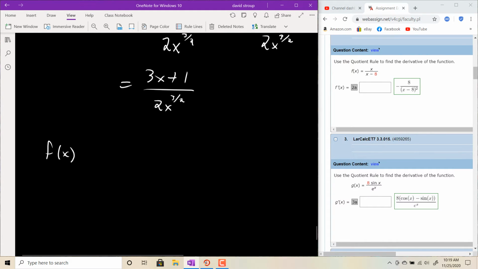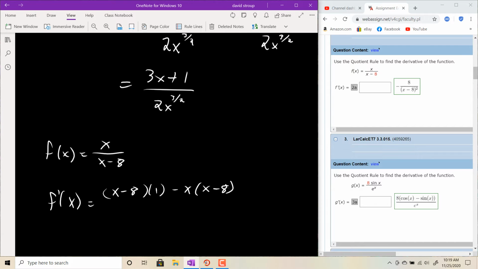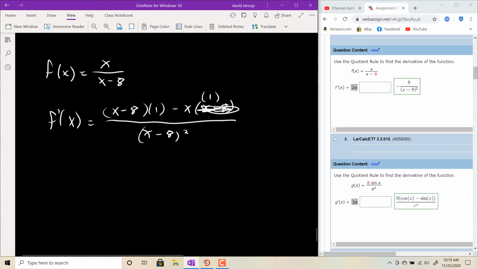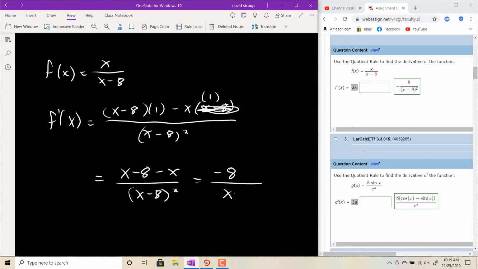So f of x equals x all over x minus 8. So f prime of x, you do have to do a quotient rule on this one. Low times the derivative of the high minus high times the derivative of the low. Whoops, the derivative of the low is 1. Sorry, got carried away there. All over the low squared. And then that'll be x minus 8 minus x all over x minus 8 squared. That'll just be negative 8 over x minus 8 squared.